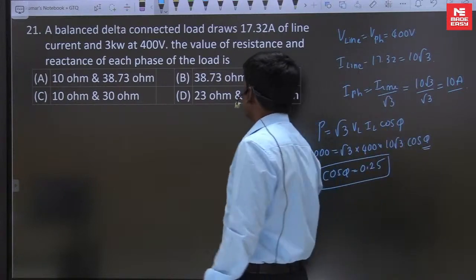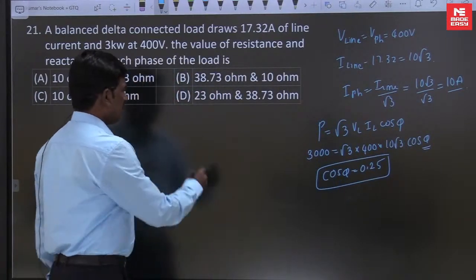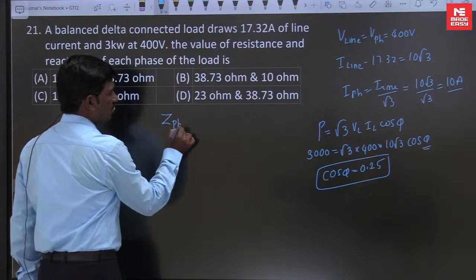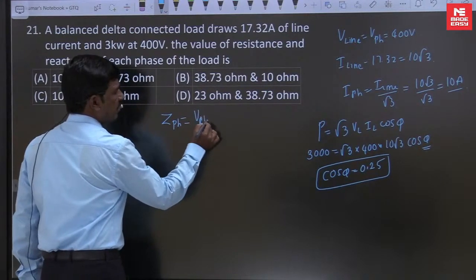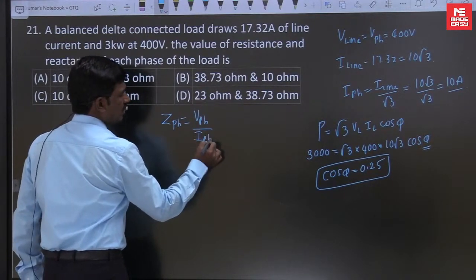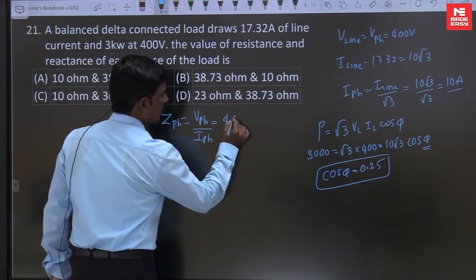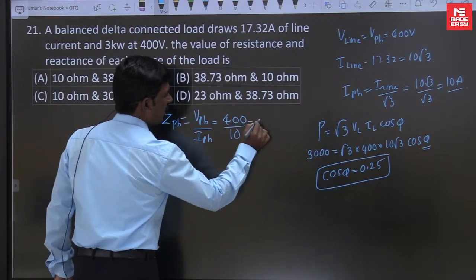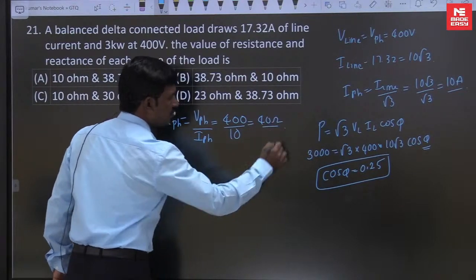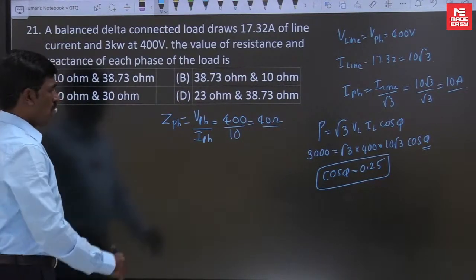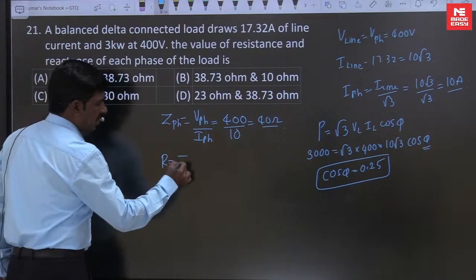How to find out Z? Total Z phase is equal to V phase by I phase. V phase is 400, I phase is 10, so 40 ohms. So R is equal to Z cos phi.